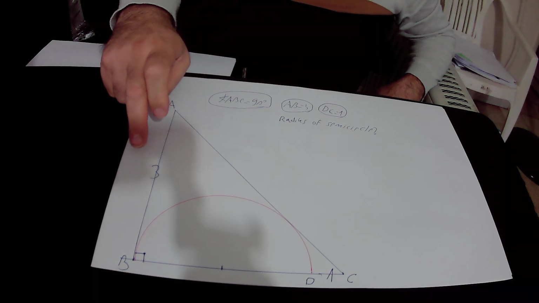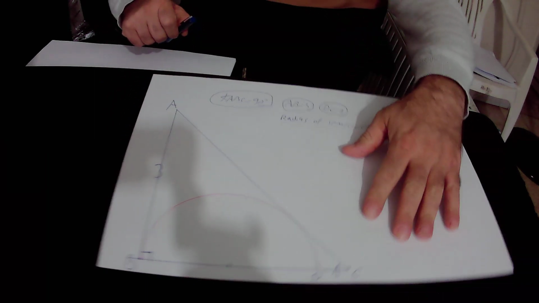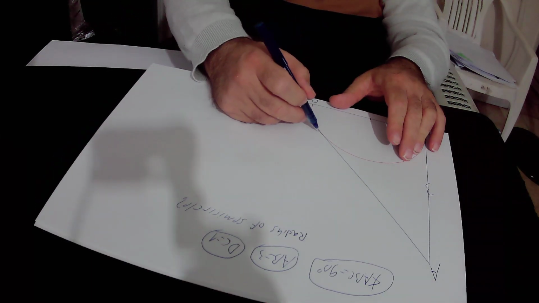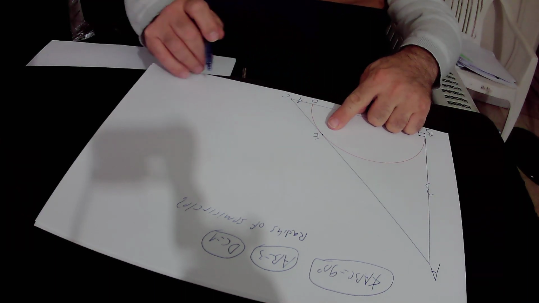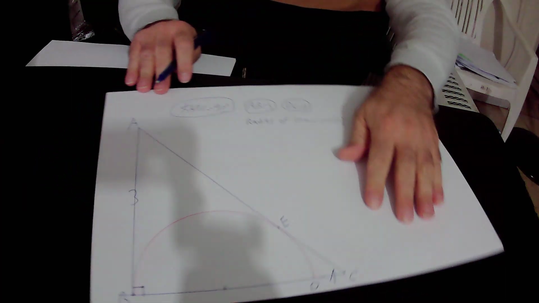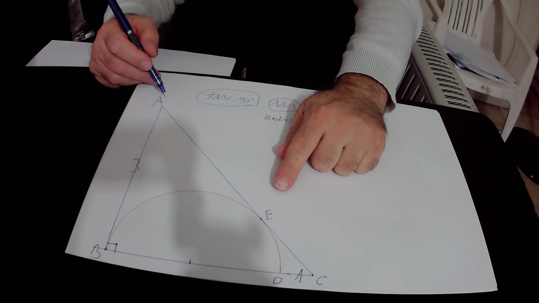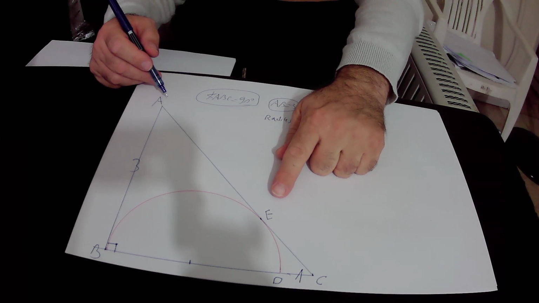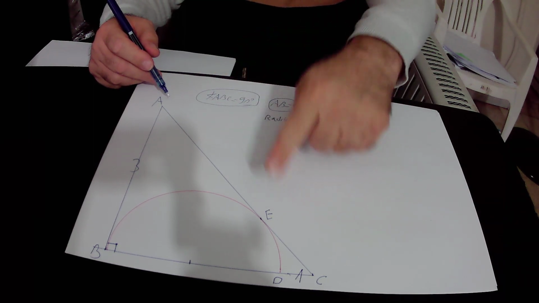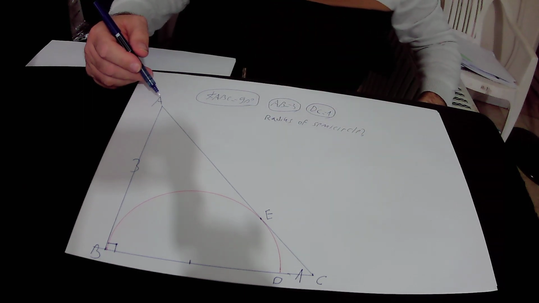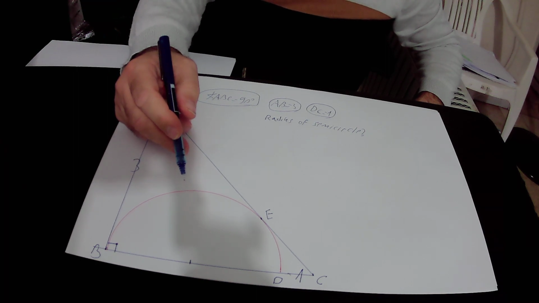Side AB is tangent to the semicircle at point B, and side AC is tangent to the semicircle at point E. Point E is the touching point between the tangent AC and the semicircle, and we want to find out the radius of this red semicircle.